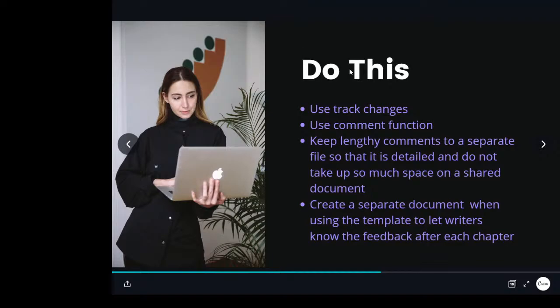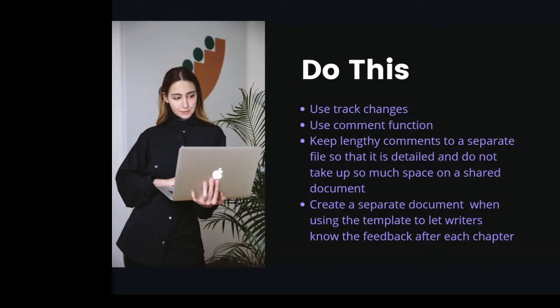And if you find that you are a very detail-oriented beta reader and your file takes up a lot of space, try to keep the lengthy comments in a separate folder or download it separately to return it with the comments to the writer.